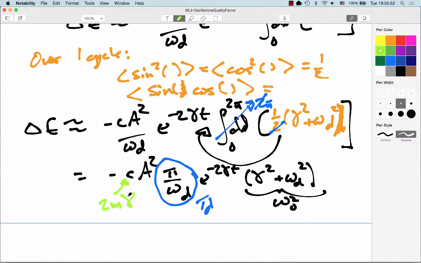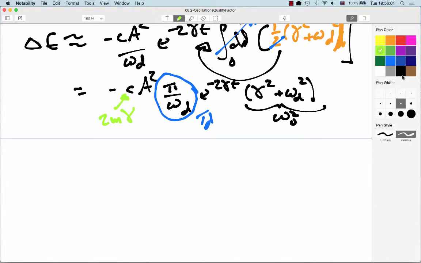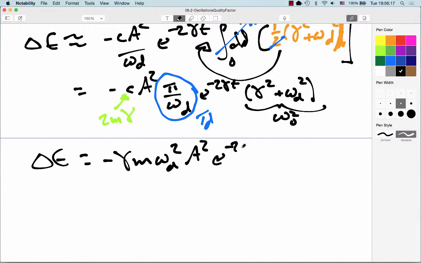All right, so rearranging that all, I get delta E is minus 2m omega d squared a squared e to the minus 2 gamma t times td.